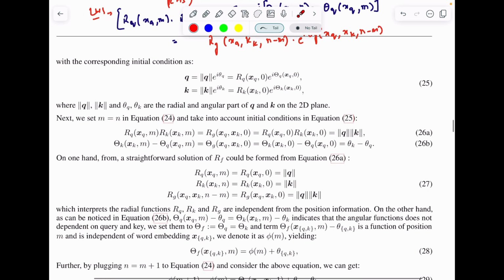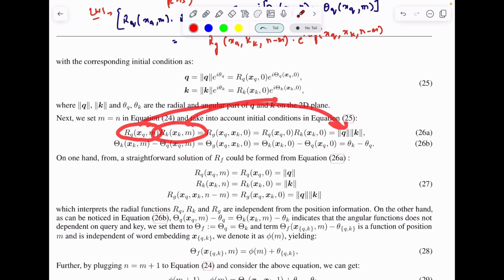So, what does this mean, right? This essentially means that on one hand, the solution of RF could be formulated from equation 26a. That means that if we have this particular value equal to q and this particular value equal to k, then we have a solution to this equation, right?